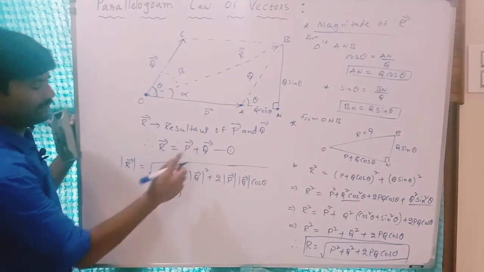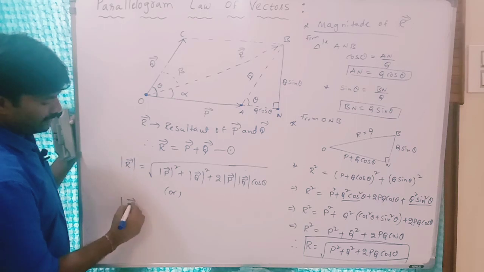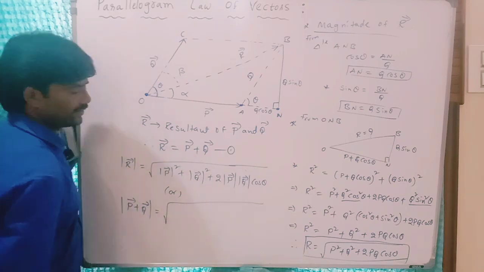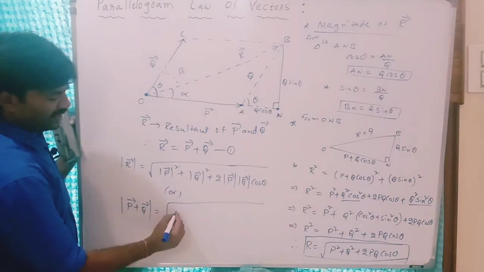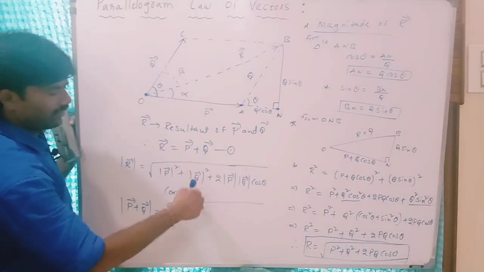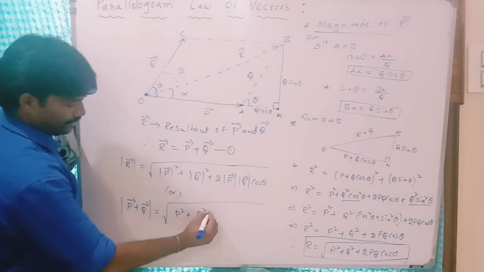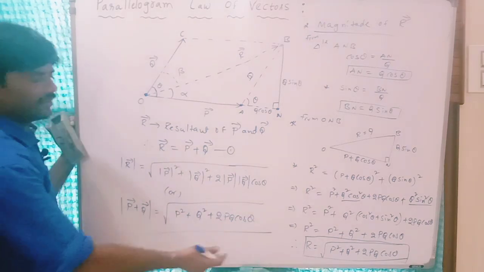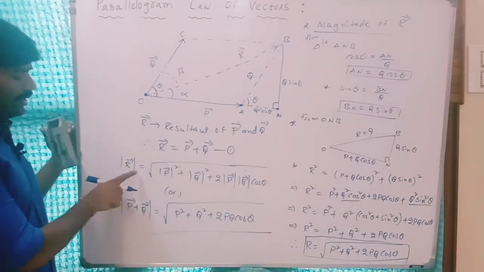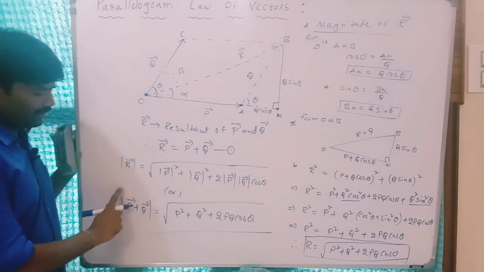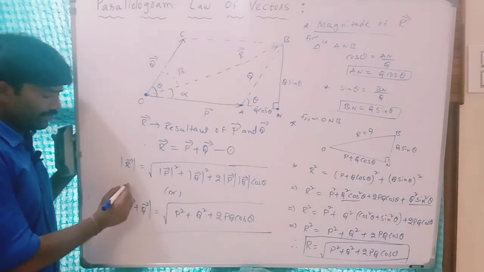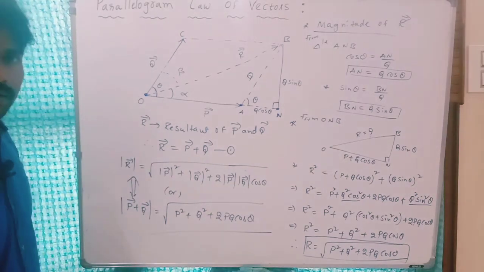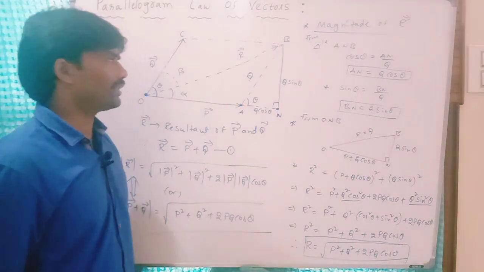What is R? This one. So mod of P bar plus Q bar, you can write simply as square root of P square plus Q square plus 2PQ cos theta, no need to write modulus. Remember these different forms. You can write either mod of R or mod of P bar plus Q bar, both are the same. This is the equation for the magnitude of resultant of two vectors.